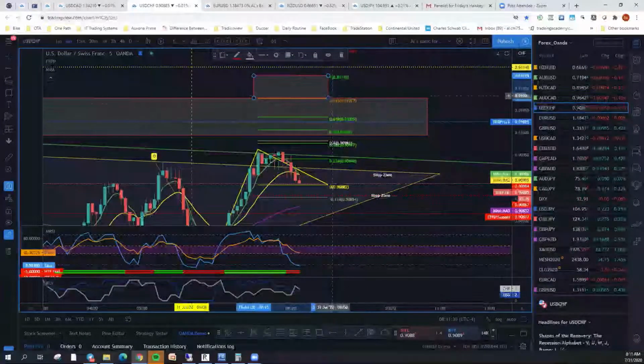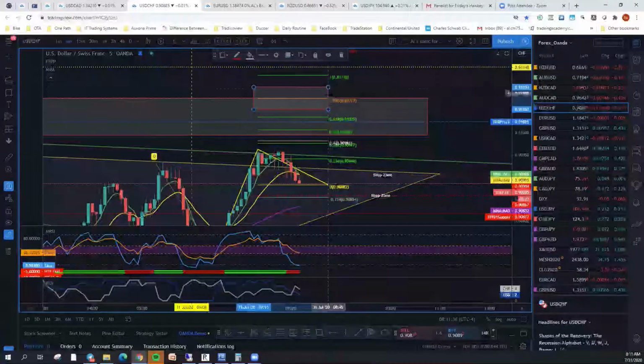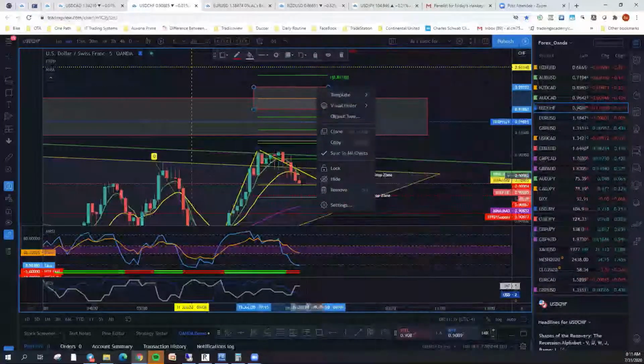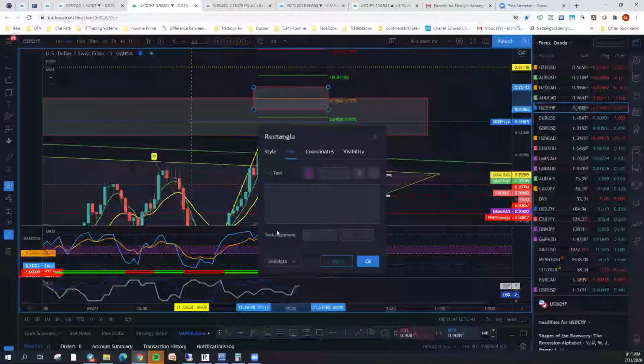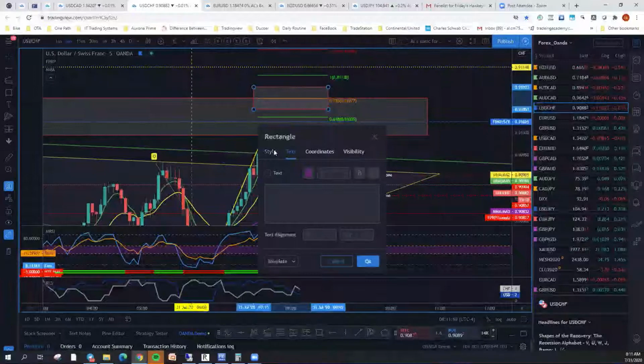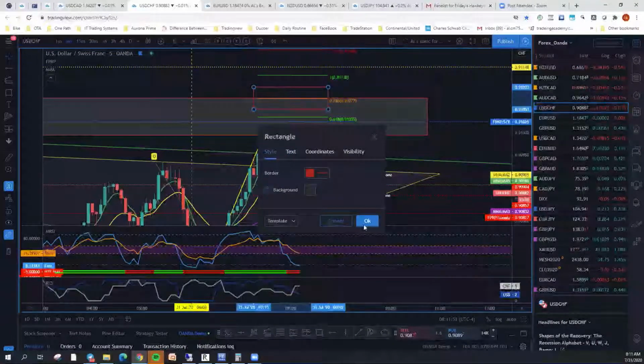Here's the 78%. I'm going to move it down about midway. This would be an area that I would be looking to get out of, if it does break out, especially if it had a really strong push behind it.